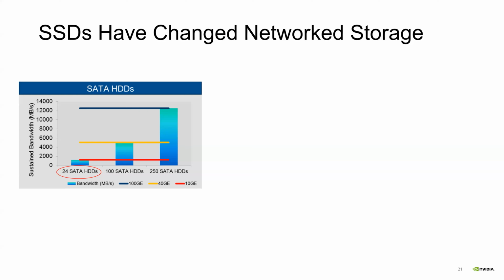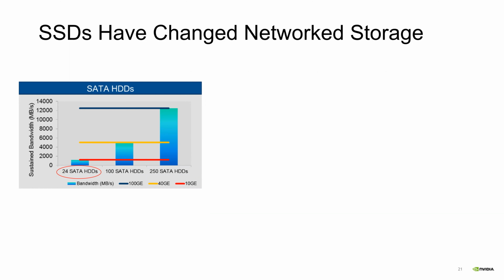Okay, weird. Okay, so let's start with the basics. As Steve said, SSDs are taking over the world. And the SSDs are really the root of both of their solutions, and SSDs are what have changed networking storage.